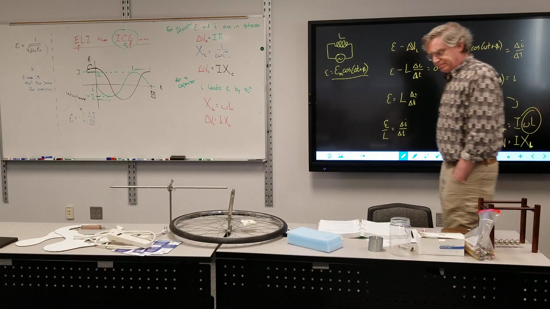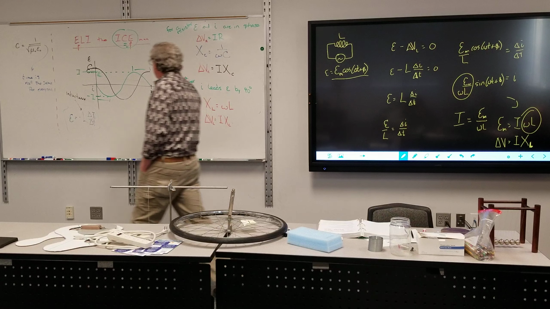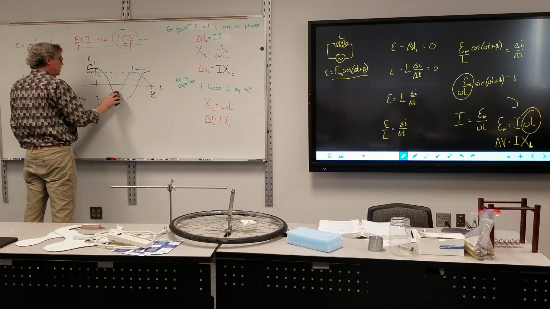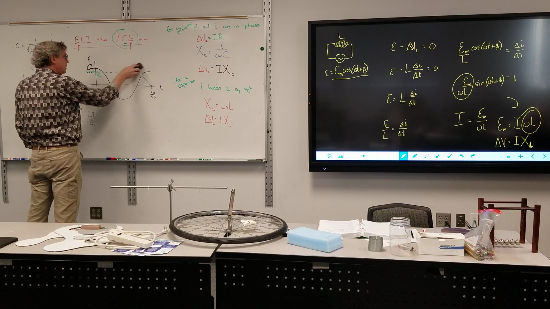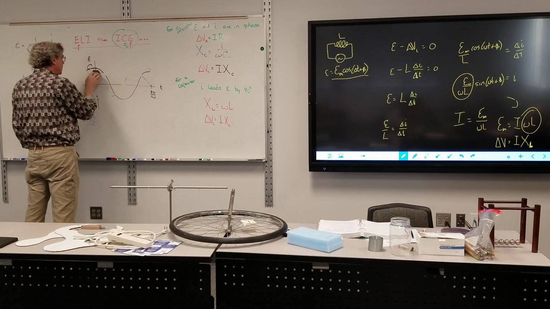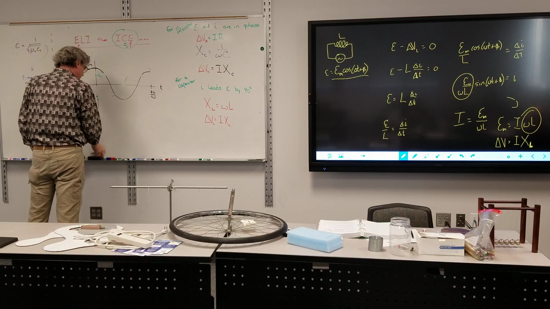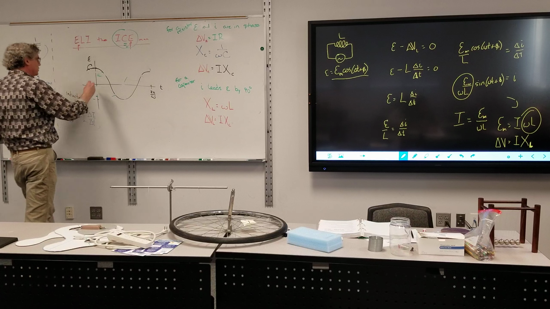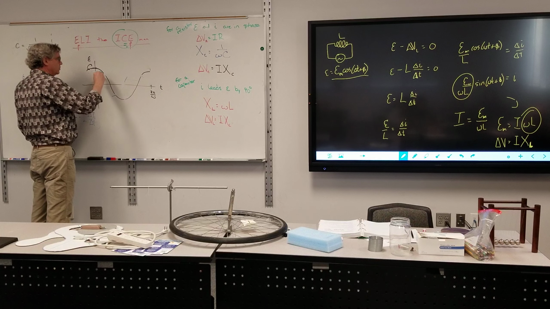Let's do our plot. My voltage is still a cosine curve. So now I've got a sine curve. Sine starts here, goes up.